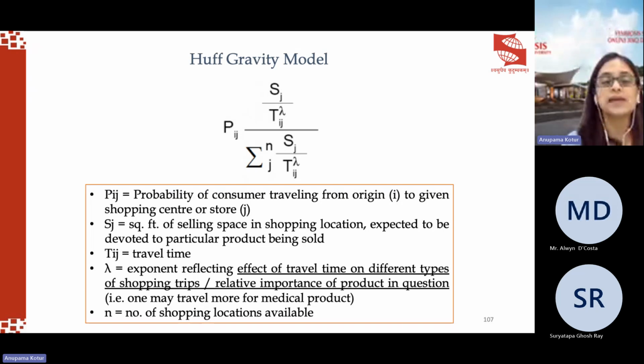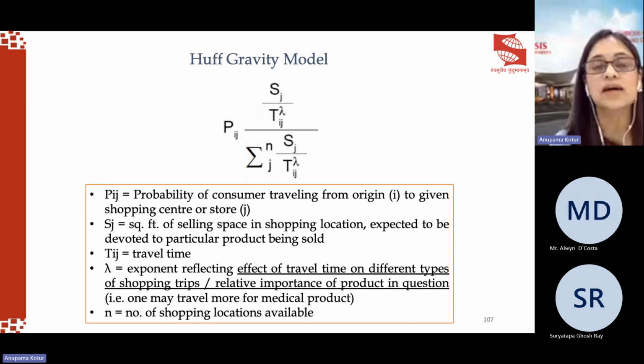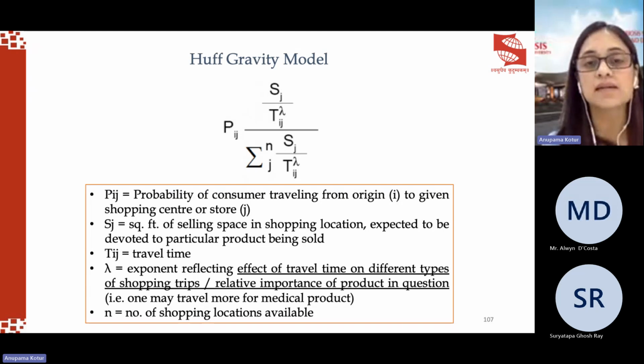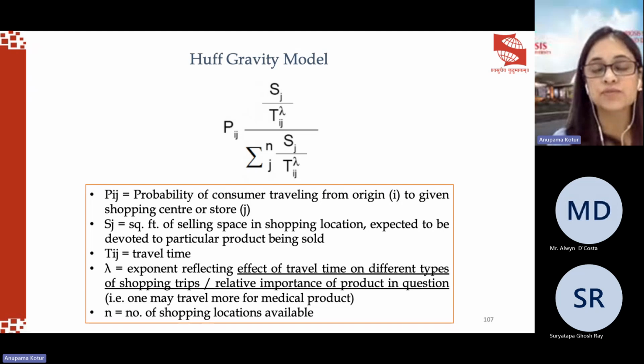Now, we have to be very careful when we look at the travel time, because while the distance may indicate a certain time, because of vehicular movement, traffic congestion, and other aspects, the travel time might vary from one city to another, one area to another. For example, cities that have the heaviest traffic, for example, your Bangalore, Pune, also Tokyo, Atlanta.